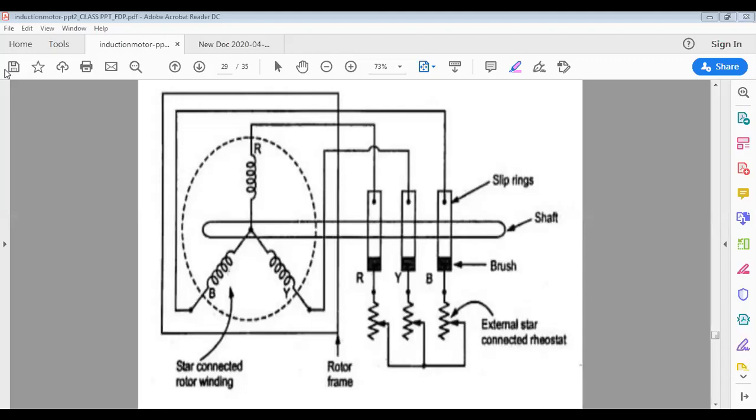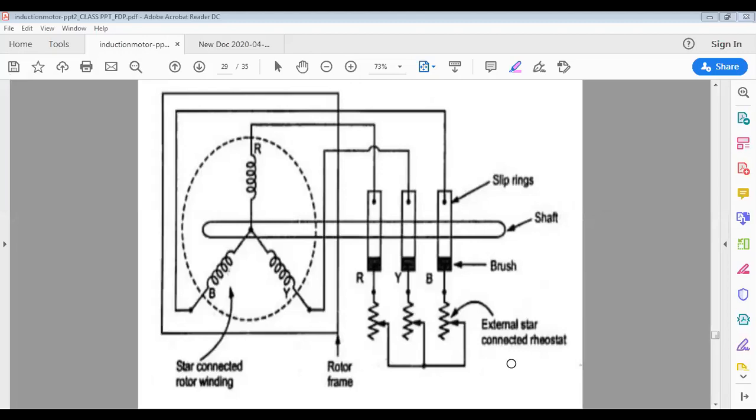In slip ring. Very good. As more losses are there in the slip ring induction motor, is the efficiency of squirrel cage more or of slip ring more? In which rotor is efficiency more? Squirrel cage. Very good. Efficiency of the squirrel cage rotor is more compared to slip ring.